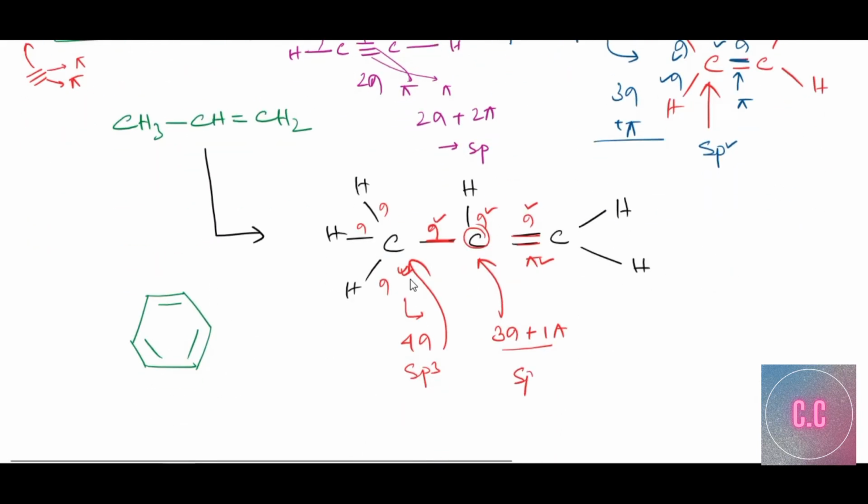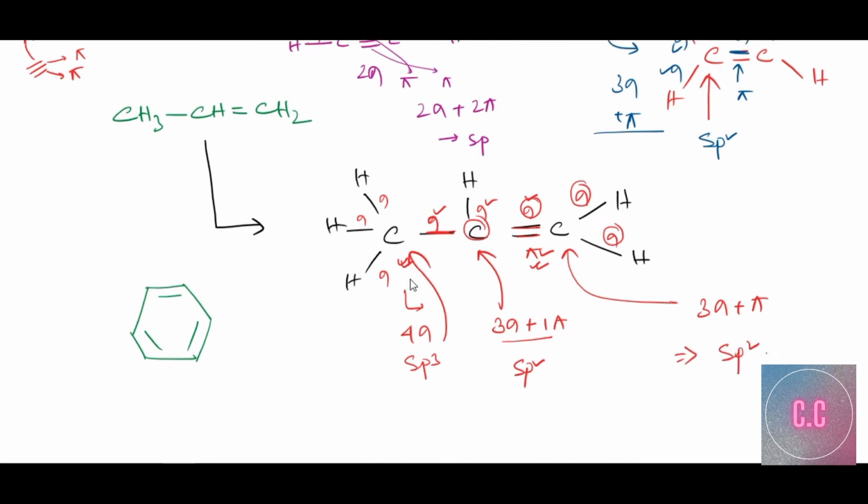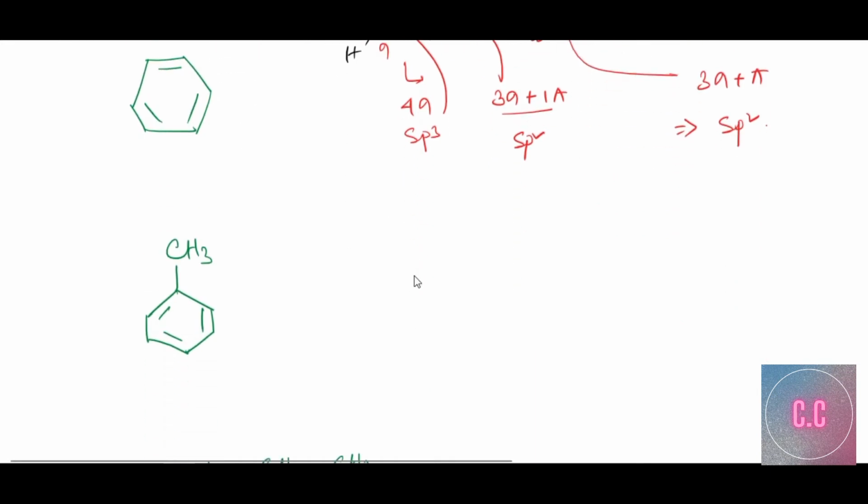For this carbon also we can see 1 sigma, 2 sigma and 3 sigma and another pi. That means 3 sigma plus pi. This will also be sp2 hybridization.